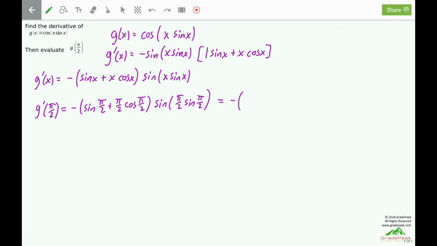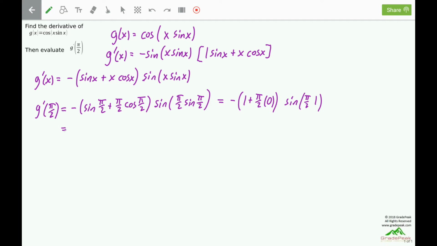So we have the negative of, now the sine of pi over 2 is a 1 plus pi over 2, and the cosine of pi over 2 is a 0. And then we have the sine of pi over 2 times the sine of pi over 2, which is a 1, so it's pi over 2 times 1 inside of that other sine.